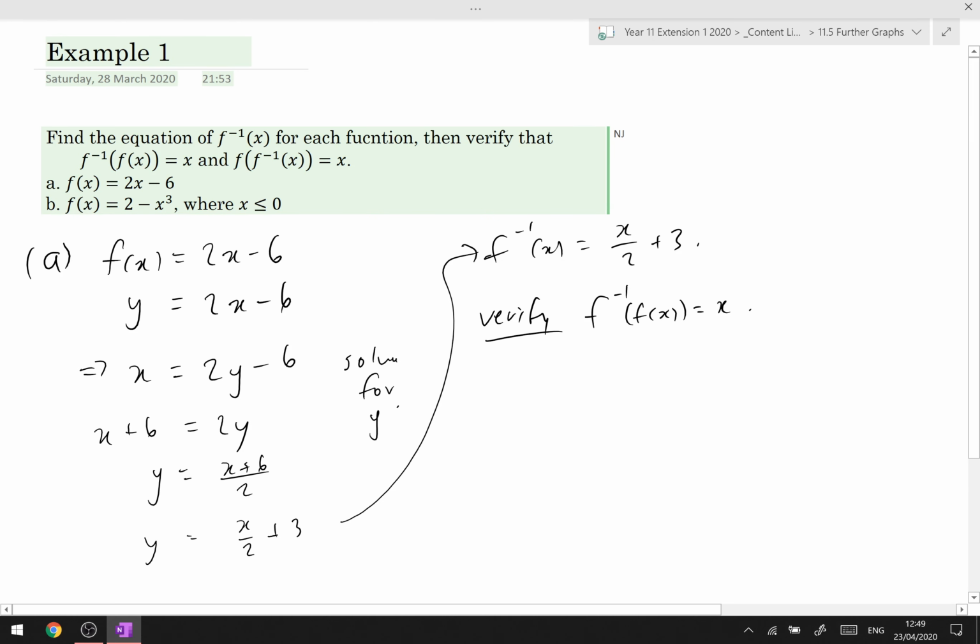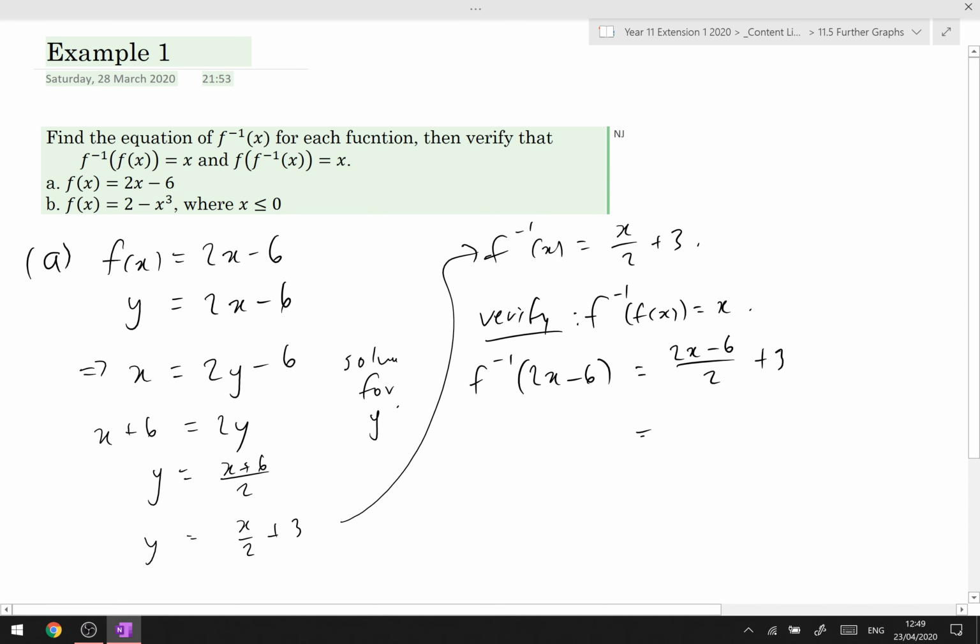Okay, we'll do that one first. So f of -1 of f of x, so f of x is 2x minus 6, and that's equal to, okay, so we're going to put it into this equation up here. So it becomes, replacing the x with 2x minus 6, so 2x minus 6 on top of 2 plus 3.